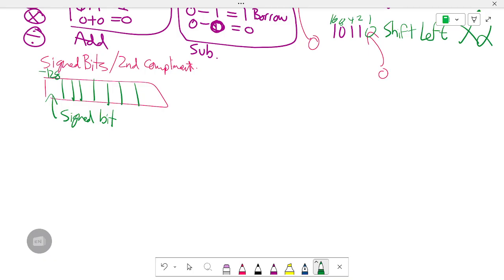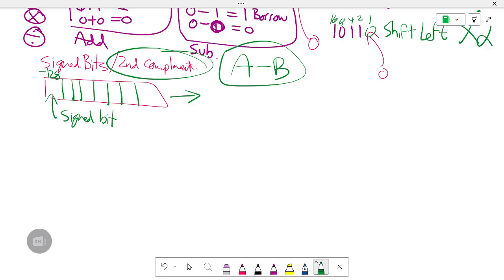Agree or disagree? If you see the word complement, what is the very first step you do? Can computers subtract A minus B? No. We can only do addition, A plus negative B. Computers can only add. Computers cannot subtract, so we have to do a flip bit complement.